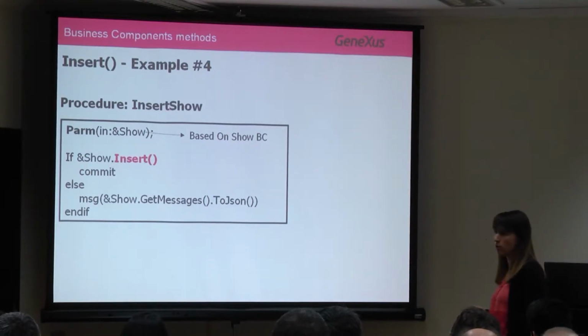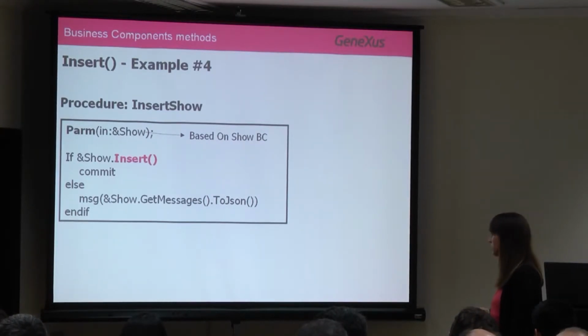Another example of the use of this facility here, I determine a procedure called insert show. So the variable is business, this is the variable, the business component, and I just insert. But since I have called from several places, then it's easier.